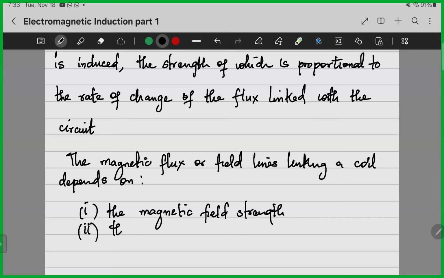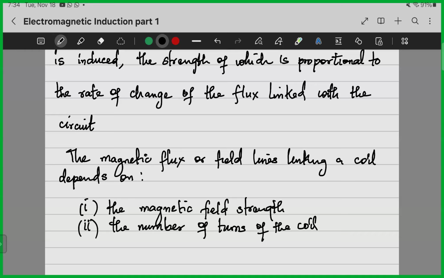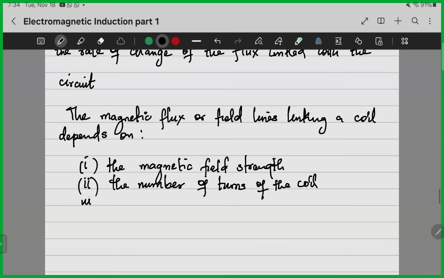Two, the number of turns of the coil. The magnetic field strength, the number of turns of the coil. And number three, the area of each turn.